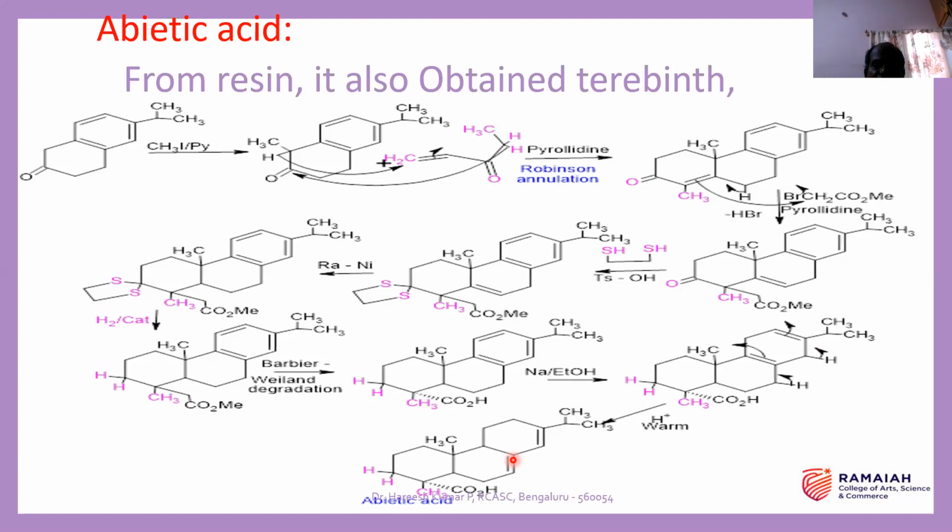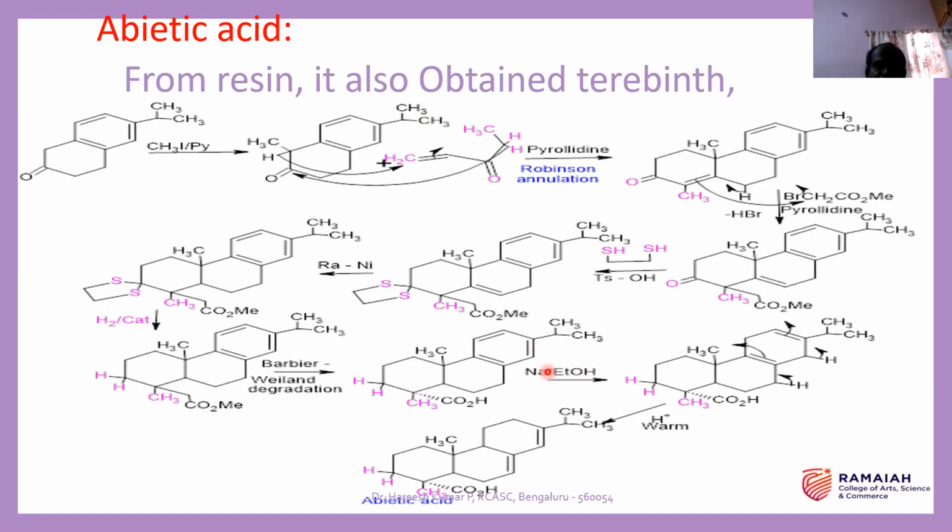From these syntheses, in your main examination, maybe any one or two or three, sometimes two or three also, you will get as a synthesis question. One more synthesis is there, called the commercial method of synthesis of camphor. That I will discuss in the next slide.